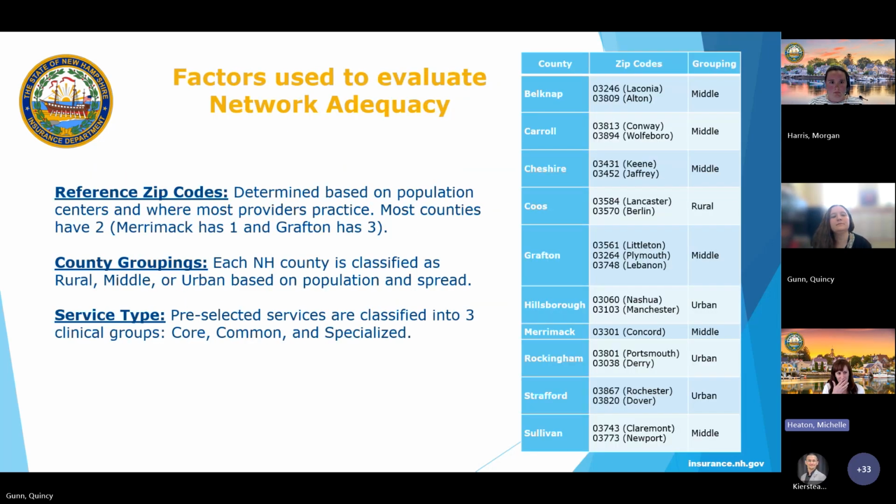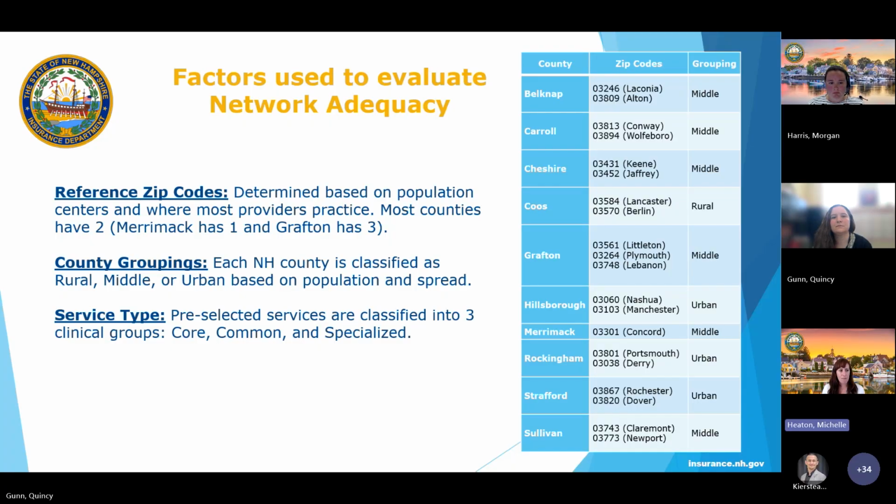One of the other ways our approach differs is that we also use a framework of reference zip codes. For each of the counties listed there, you can see that there are specific reference zip codes we use, and we determine our time and distance based off of those reference zip codes.